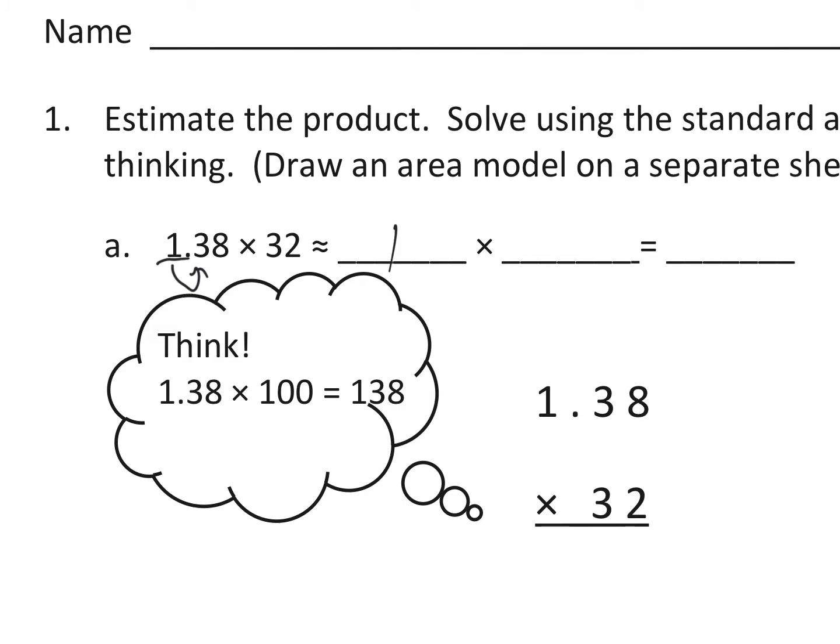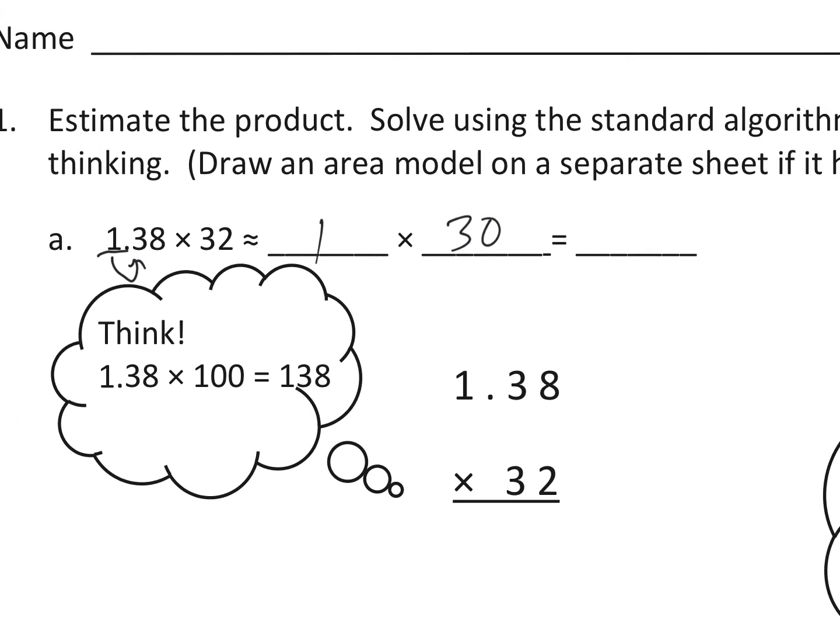And then 32, we'd round that to 30. If you're not understanding how I'm doing this, then you need to go practice some rounding stuff, because we're not going to spend all day working on the rounding. We got to be moving forward on estimating the product. So we got 1 times 30, and that's going to equal 30.